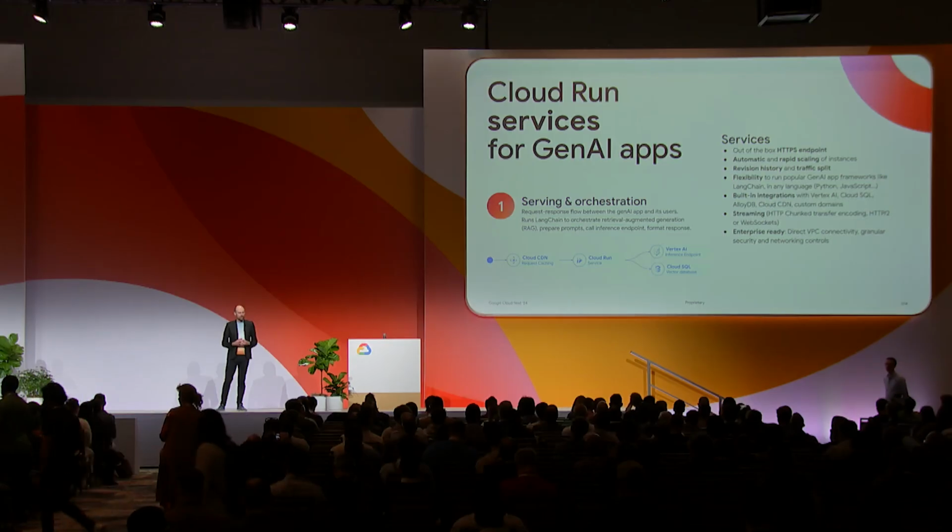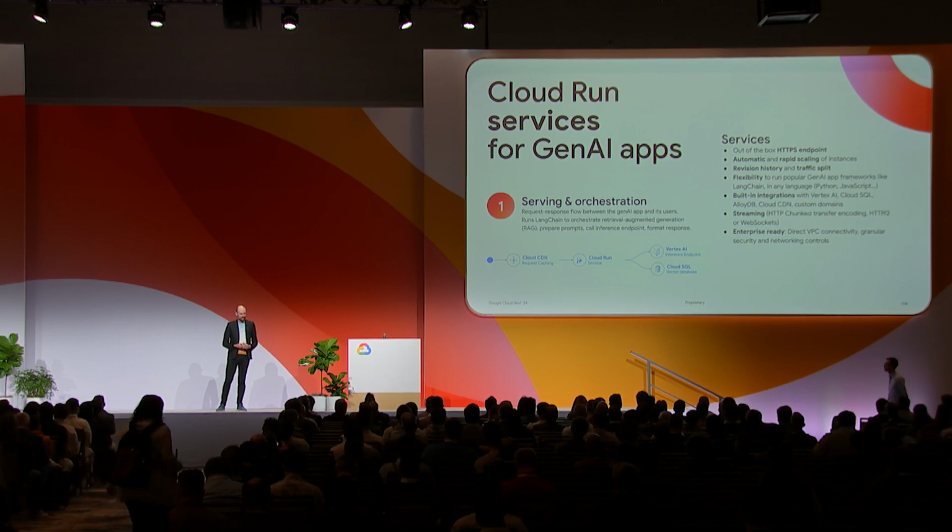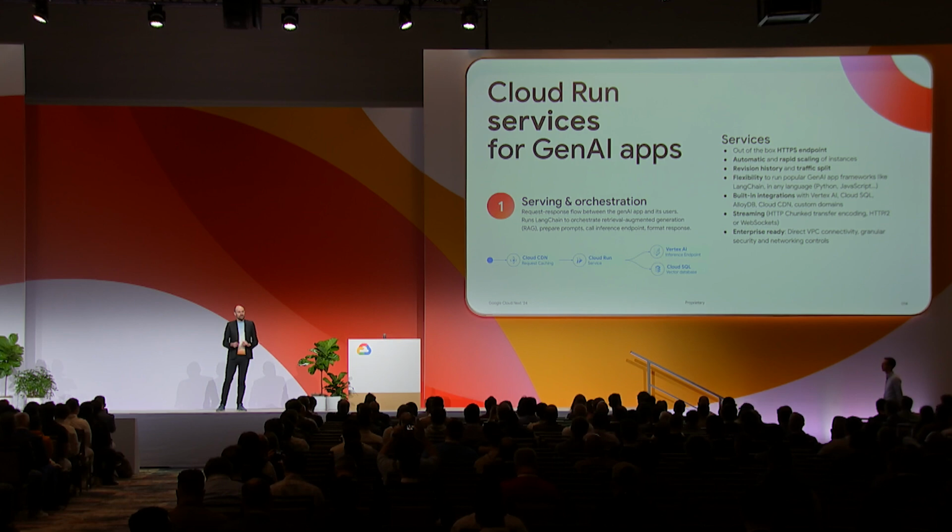So Cloud Run services is one of the two resources of Cloud Run. Let's take a look at the benefits of Cloud Run services. Well, out of the box, you get an HTTPS endpoint. Each Cloud Run service is automatically scaled, and that scaling can be very fast.